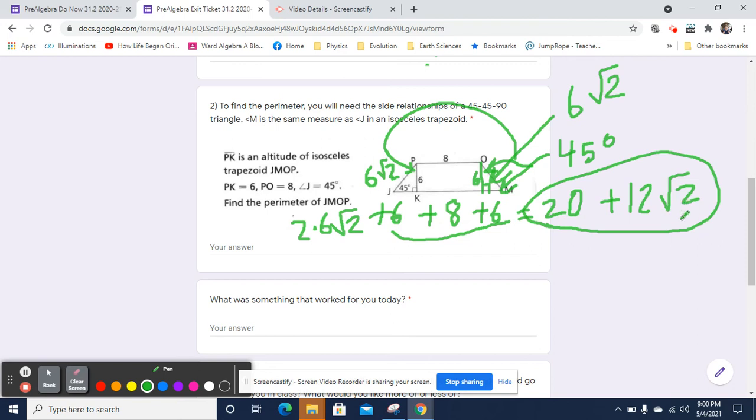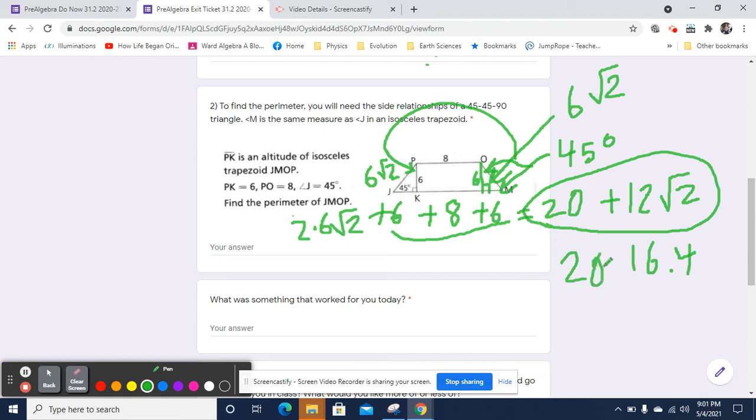You could, of course, work out that 12 root 2 is going to be somewhere around 12 times 1.4. 12 times 1.4, okay. That's 14.4 plus 2.4, so that'll be 16.8, or something around 16.4, I believe, estimate, and then we'll add 20.